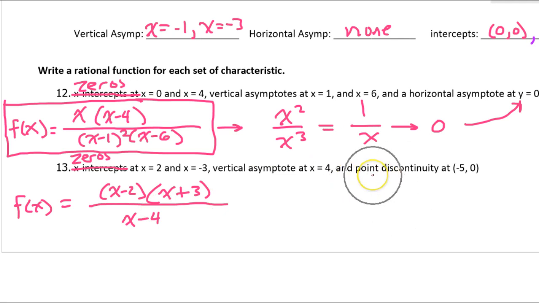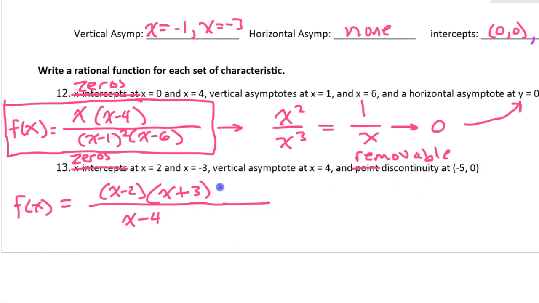Okay, now there's supposed to be a point discontinuity at negative 5, 0. I think that means a removable discontinuity. Okay, I think that's what they mean by point discontinuity. So that would be a hole.